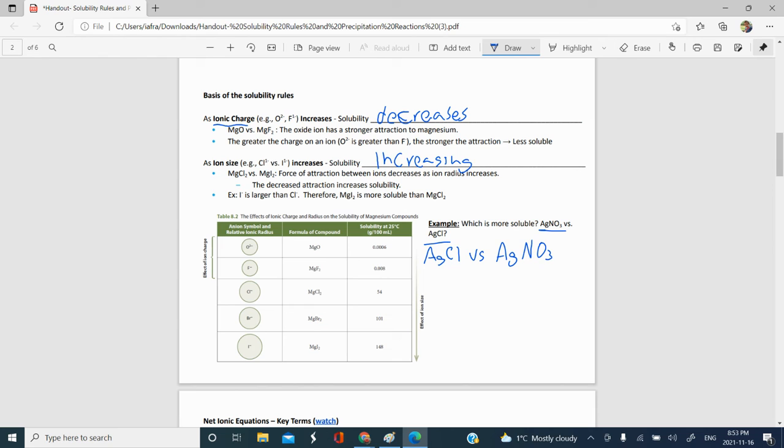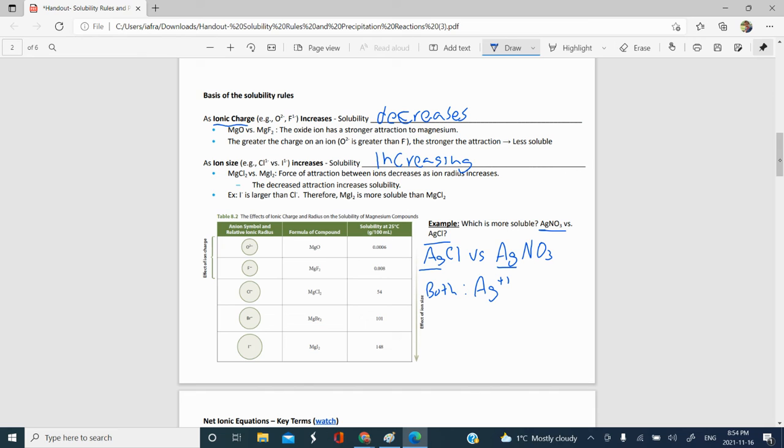Let's take a look at what's not considered a factor. Notice that they both have Ag+. So when comparing them to see which one's more soluble, Ag+ is not going to be a factor because they both have that in common. What's different between them?